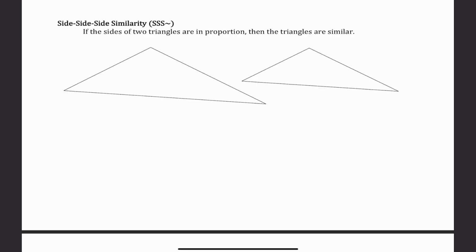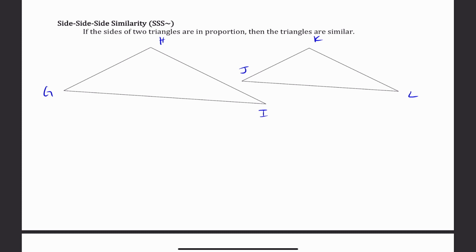Now I want to take a look at the side-side-side similarity theorem, which states that if the sides of two triangles are in proportion, then the triangles are similar. So let me give you an example. Suppose we call the larger triangle GHI, and we call the smaller triangle JKL.